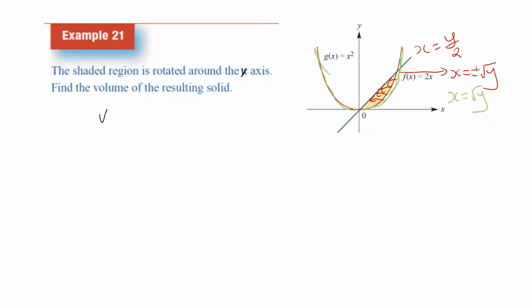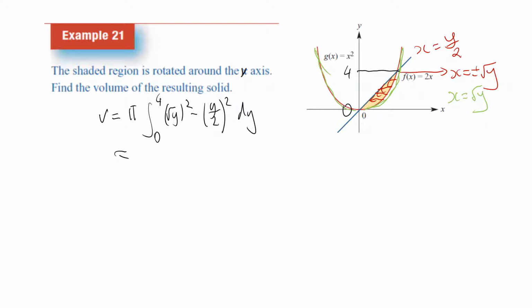We begin by setting up our rule. Volume equals pi, and I'm integrating from 0 to 4. I take my upper rule, squared, and I subtract from it the lower rule, squared, and I'm integrating dy.